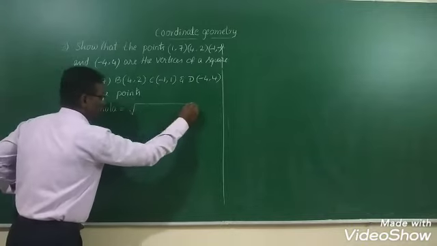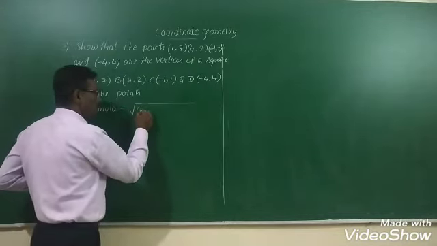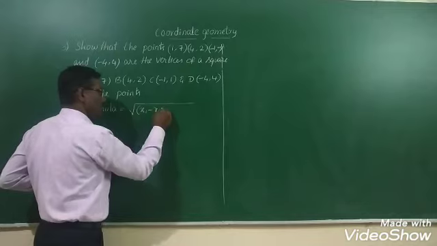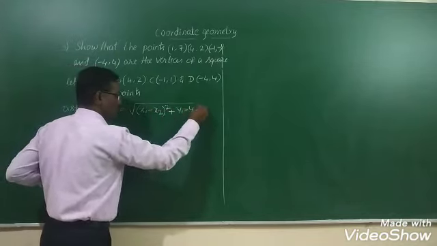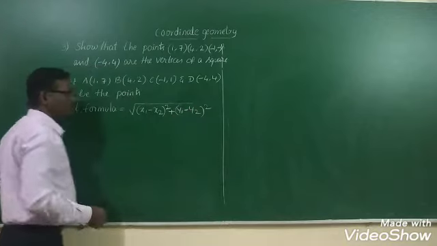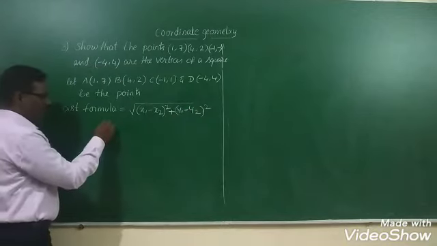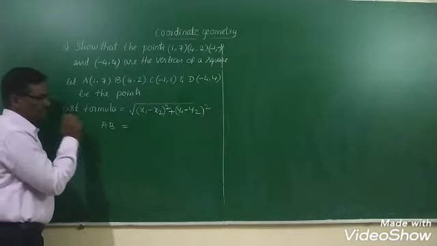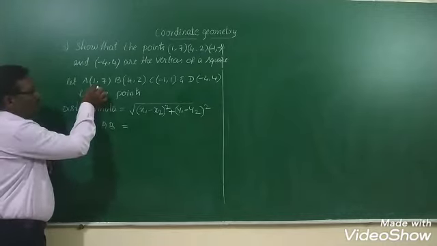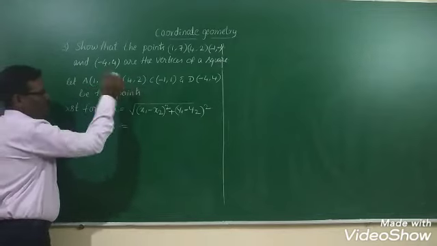First I have to mention here the distance formula. So we know the distance formula: root of (x1 minus x2) whole square plus (y1 minus y2) whole square. First I want to find out AB, where A is the first point, B the second point. So here x1, y1, x2, y2.